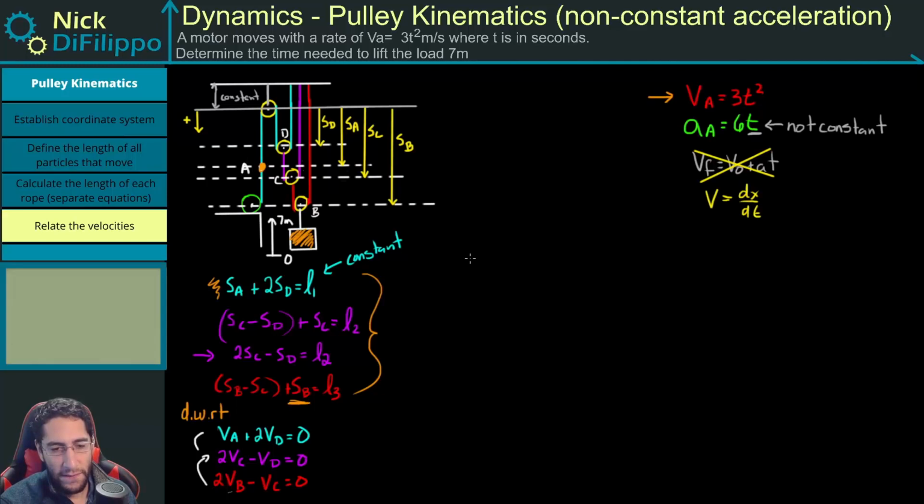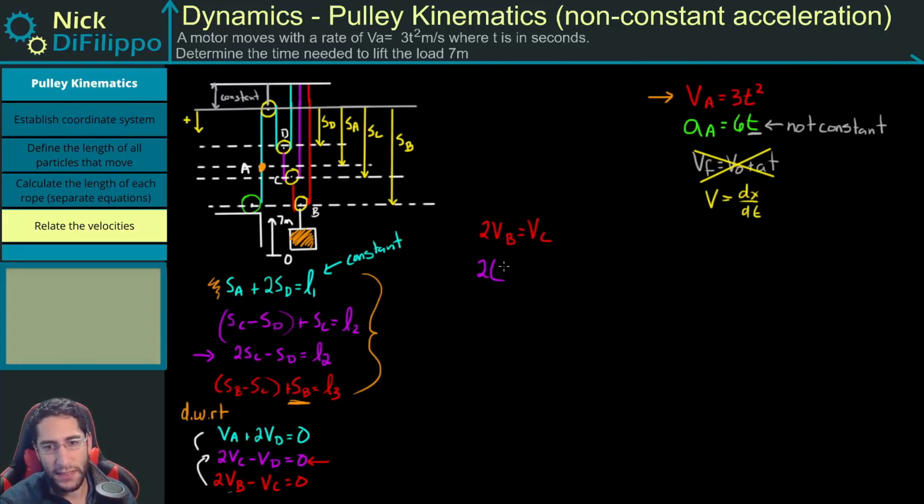We'll start with this third equation. So we have 2 times the velocity of B is equal to the velocity of C. I bring VC to the other side, and I want to now take this and substitute it into this equation. So I'll have 2 VC.